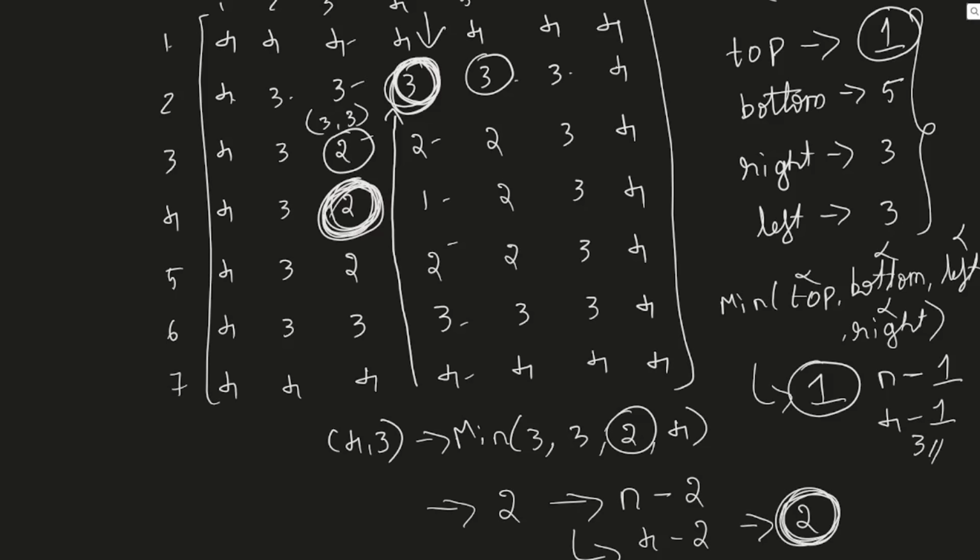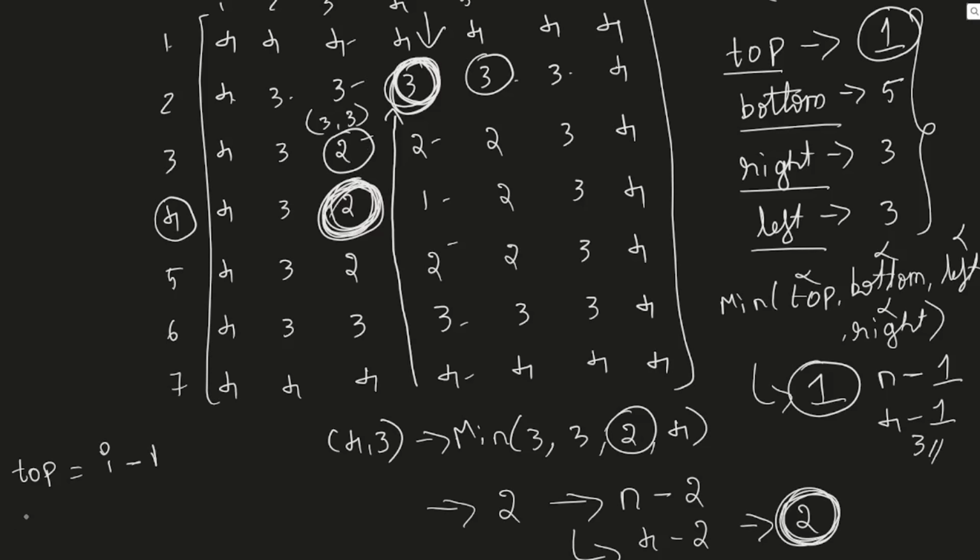Now we have got the logic behind this pattern, but we need a formula to get these numbers: top, bottom, right, and left. Let us try to find them now. To get the distance from top for a particular index, we can simply write it as i minus 1. If you consider this example, from top we have 3 elements and the index of i is 4. 4 minus 1 is 3.